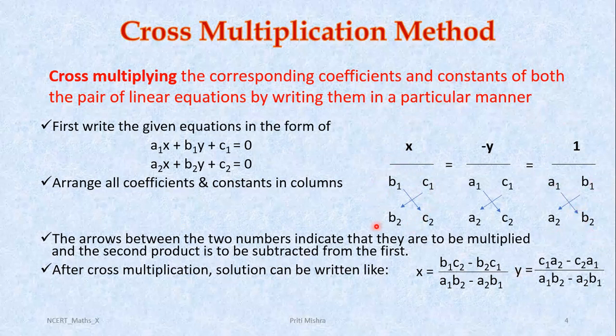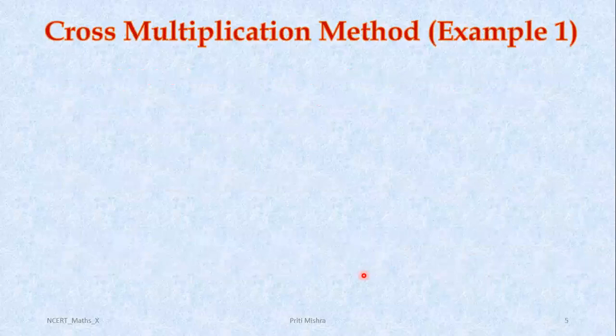So this term will come here in the numerator by cross multiplication. In that way we will have x is equal to b1c2 minus b2c1 upon a1b2 minus a2b1. Exactly in the same way for y we will have c1a2 minus c2a1 upon a1b2 minus a2b1. In order to make it more clear, let's have some examples.